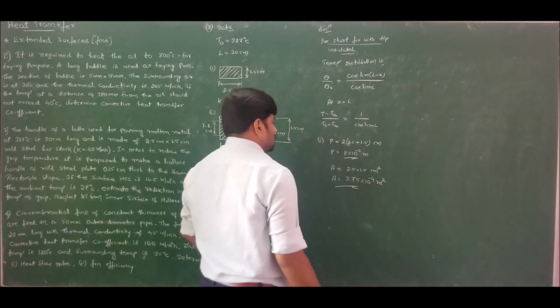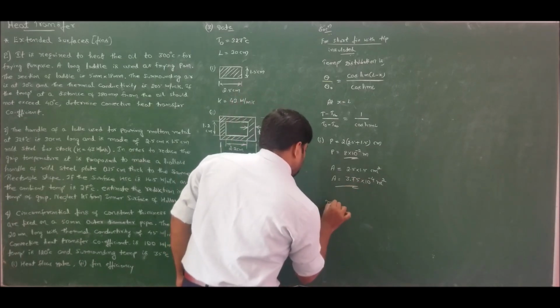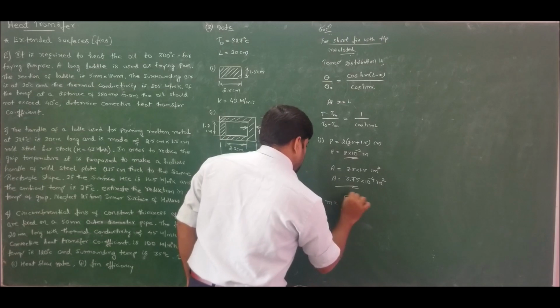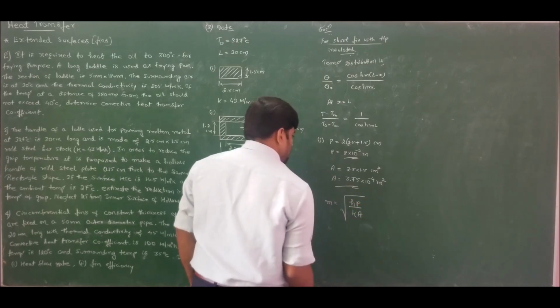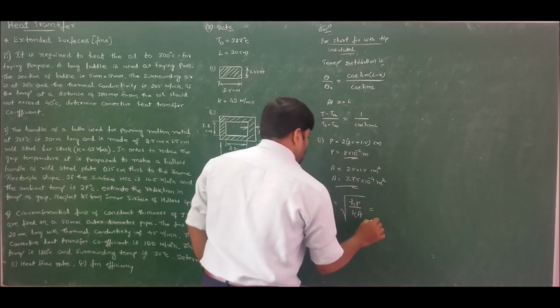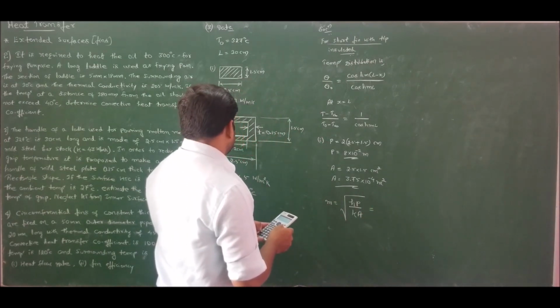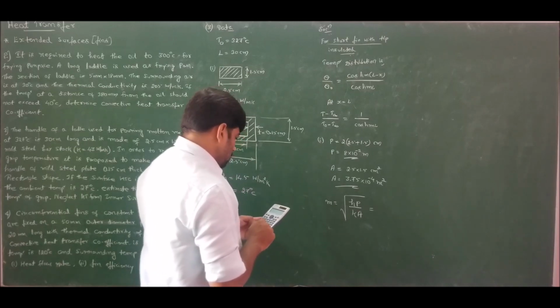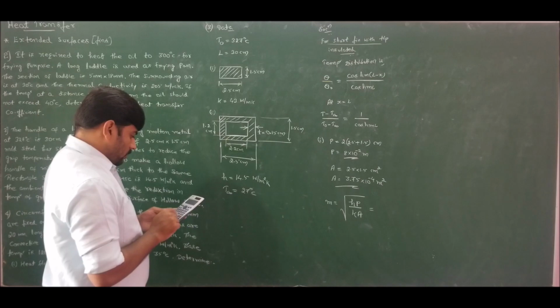meter square. So hence the value of m will be, you know that parameter m is given by square root of hP by kA. So you know all the values. h is 14.5 given. Perimeter is calculated as 8 into 10 to the power of minus 2.